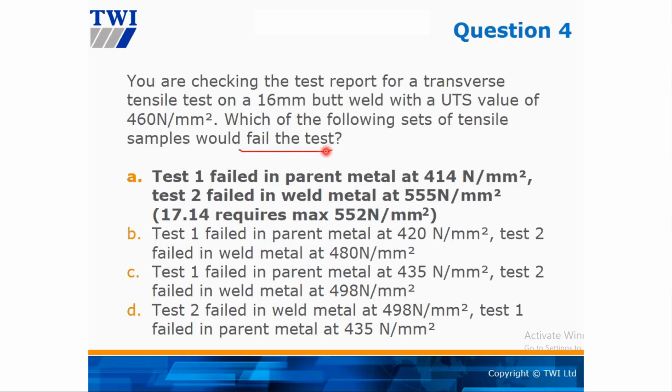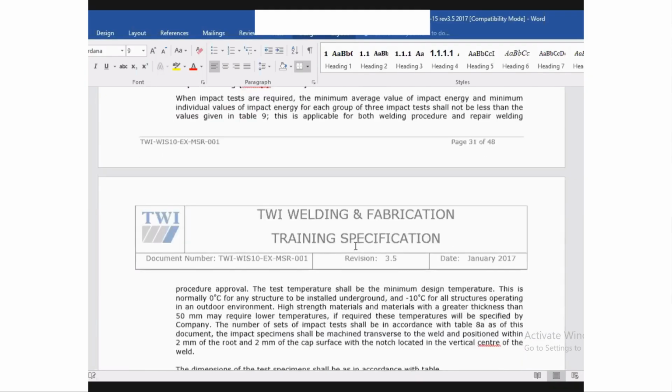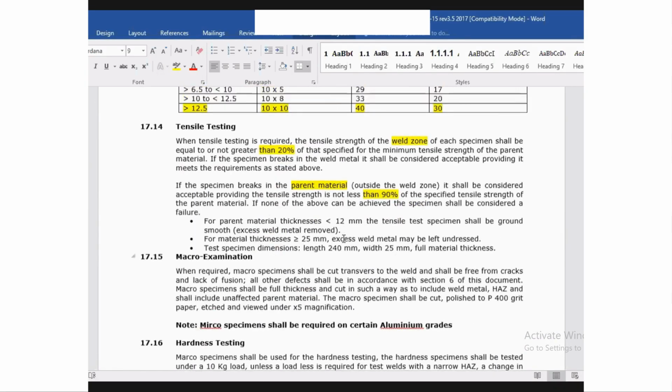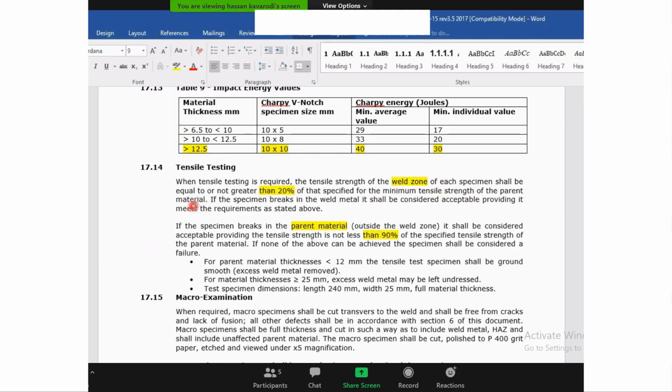Right, look at 17.14. For tensile testing, what we found here: when tensile testing is required, the tensile strength of the weld zone of each specimen shall be equal to or greater than 20% of the specified minimum tensile parameter.